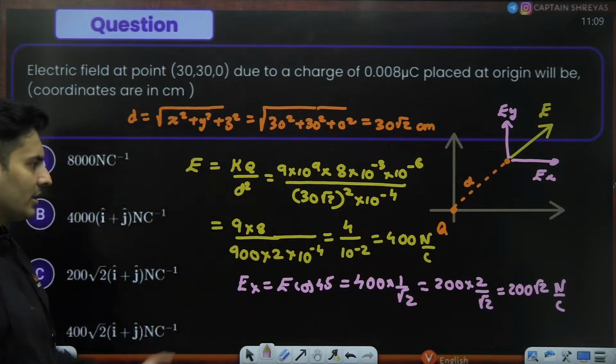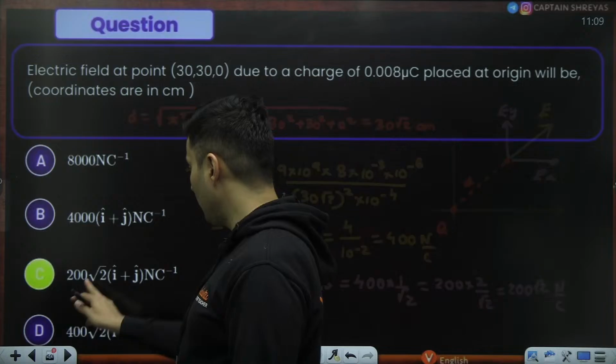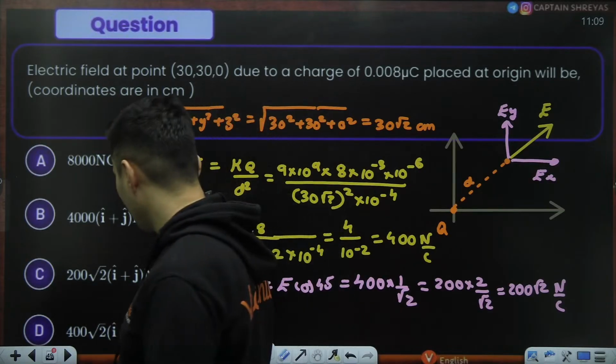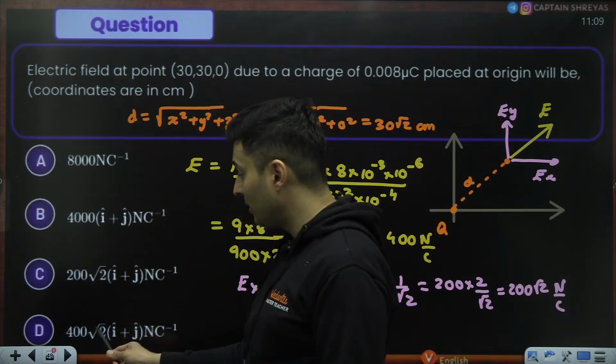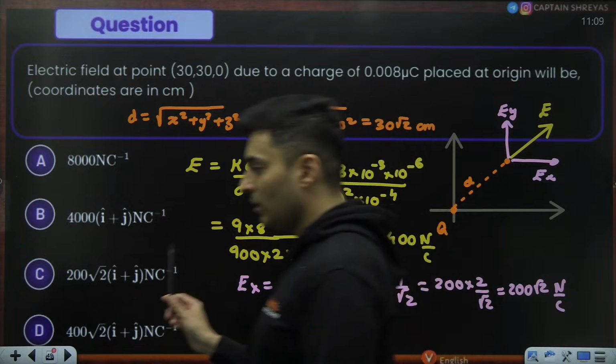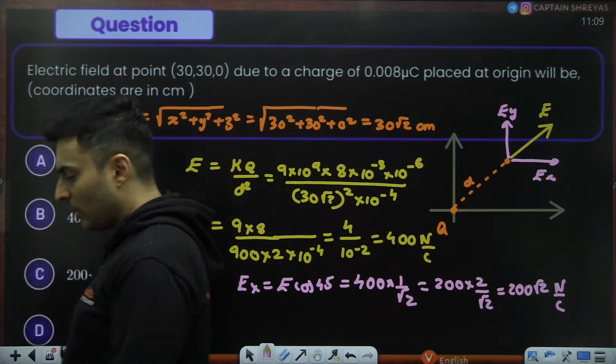So each component is 200 root 2. So 200 root 2 i cap and j cap, which is C option, not this. D option is 400 multiplied by, this is divided by. So be careful, guys. A lot of people said D option. No, that is not the right answer, guys. It is C option. Okay, perfecto.